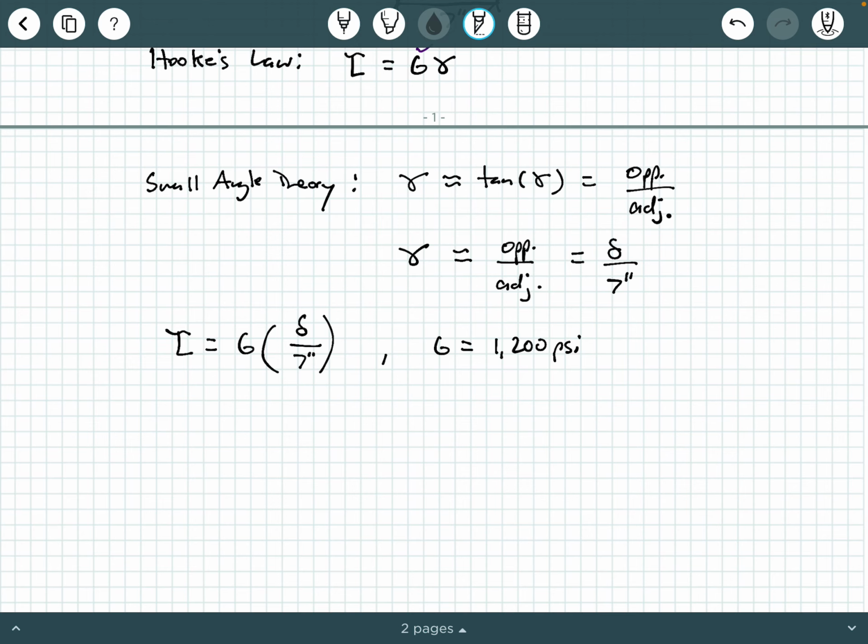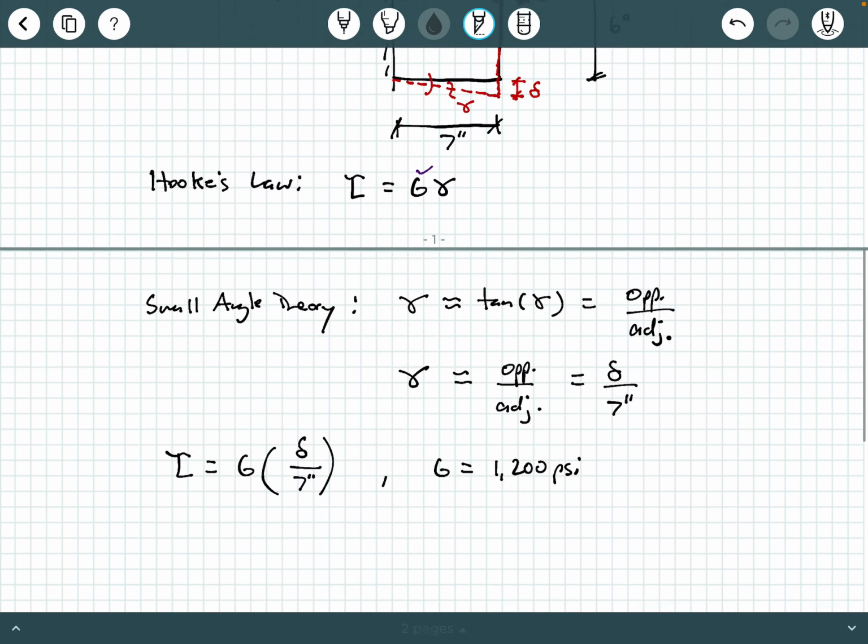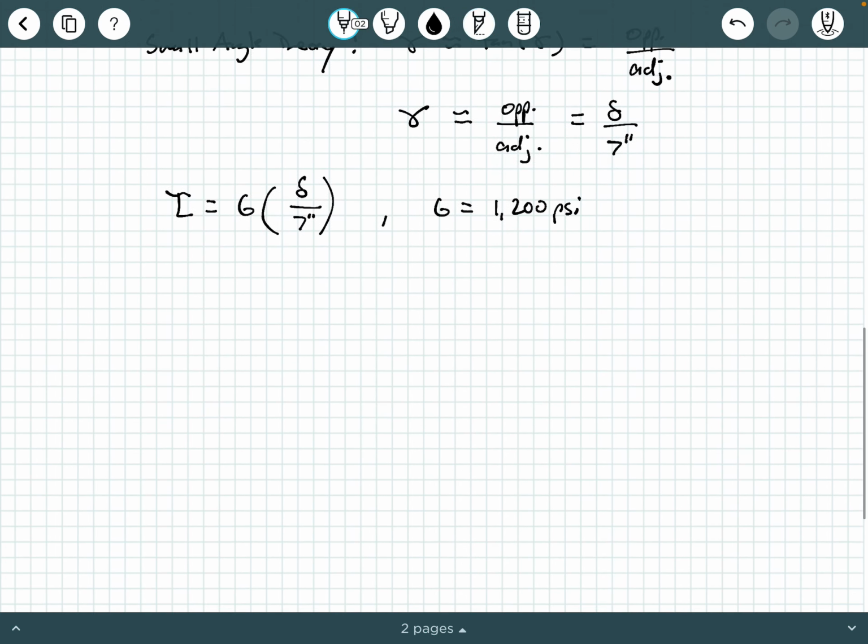Well, look back at our diagrams, okay? What is being sheared here? Think about the material that's being sheared. Well, this cross-section area is what is being sheared, okay? This 120 pounds is causing a slicing effect through this cross-section area, all right? So here's what we can kind of sketch.